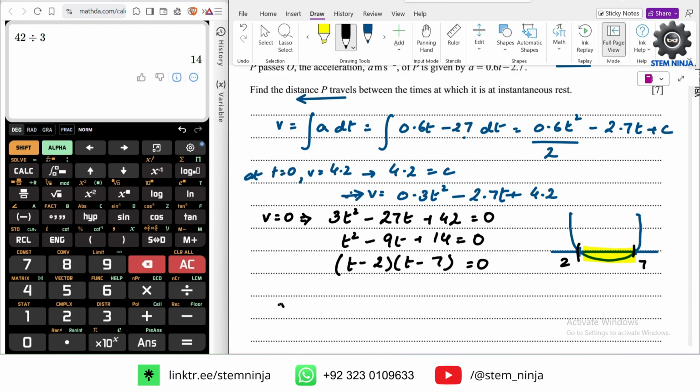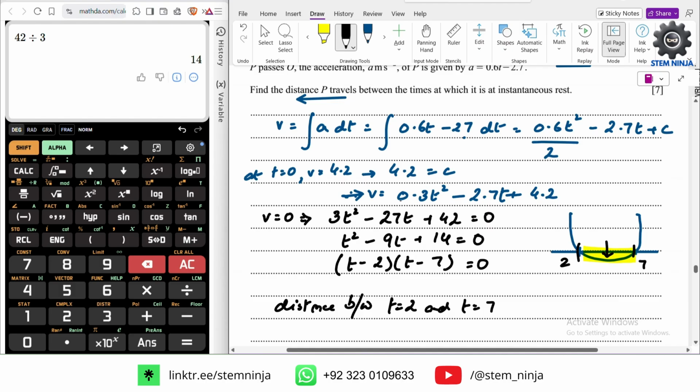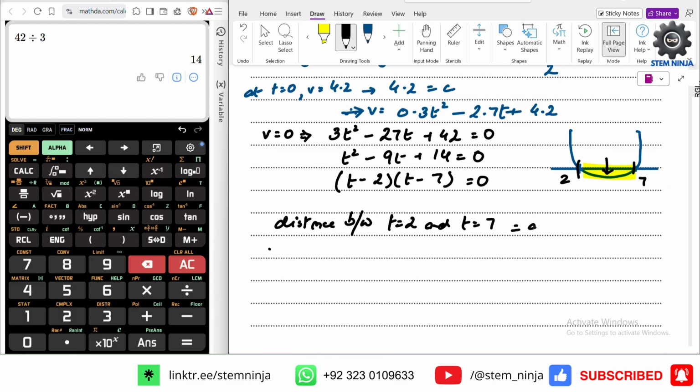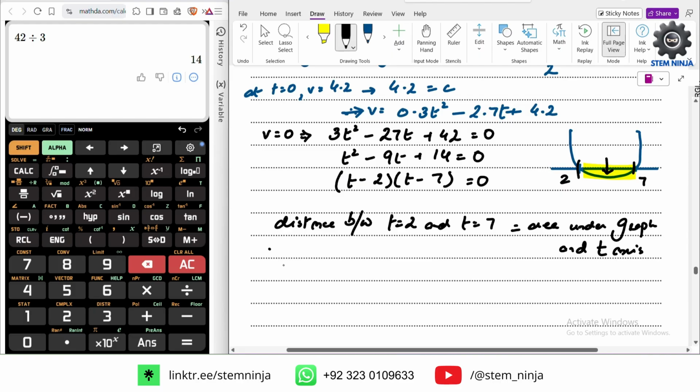So the distance between t equals 2 and t equals 7. Remember, it's the area below the graph, below the x-axis, so it's supposed to come out negative. So we want the area between the graph and the time axis, the t-axis.